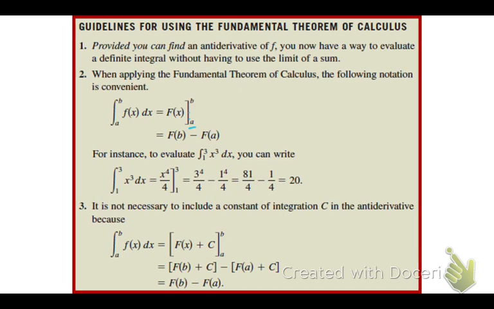Now, the last thing just says it is not necessary to plug in the constant any longer because if you plugged in the constant, in the first one you would have plus C, and in the second one, after you distributed your negative, you would have what? Minus C, so the C's would reduce out. So it's not necessary to put the C's in there.